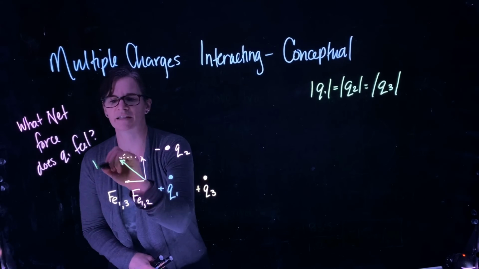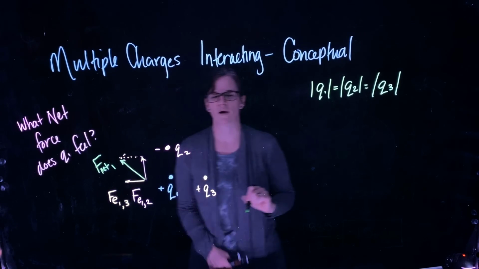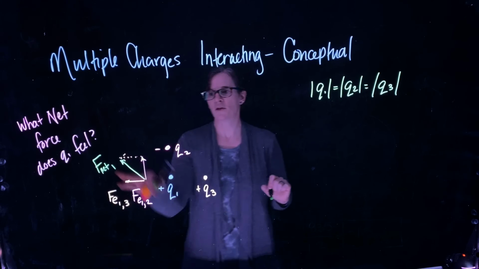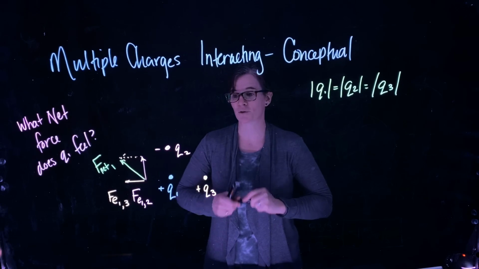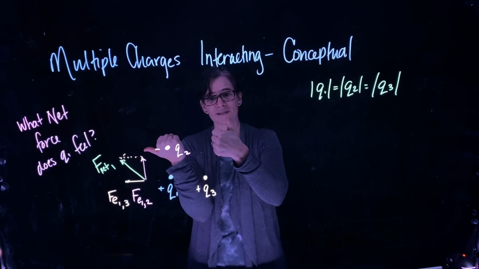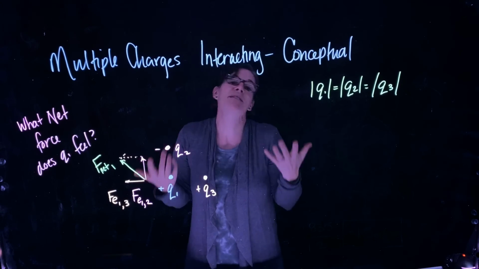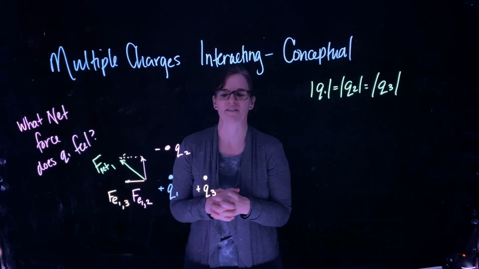So this is the net force on Q1. All right, so those vector components, back to that trigonometry when we added those 2 forces. So Q1 feels an upward force, but also a leftward force. And so up and to the left is our net force acting on Q1.